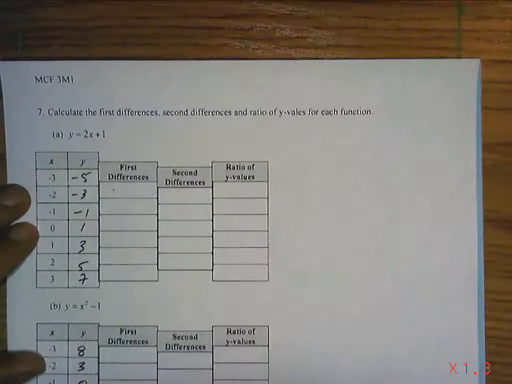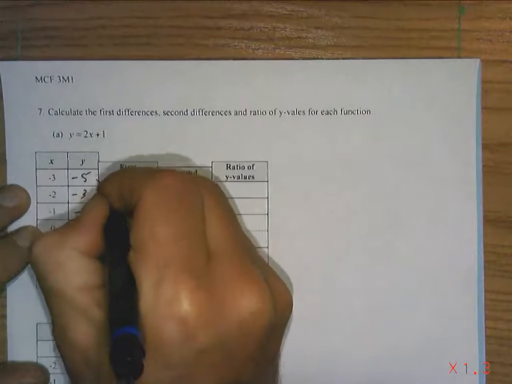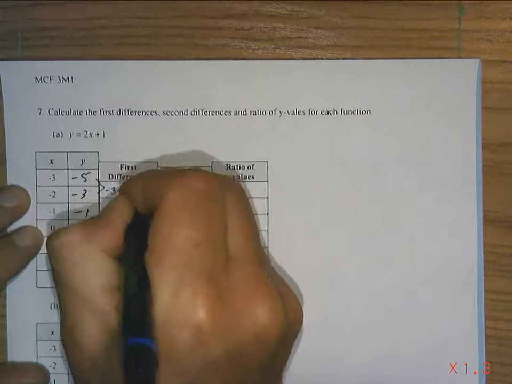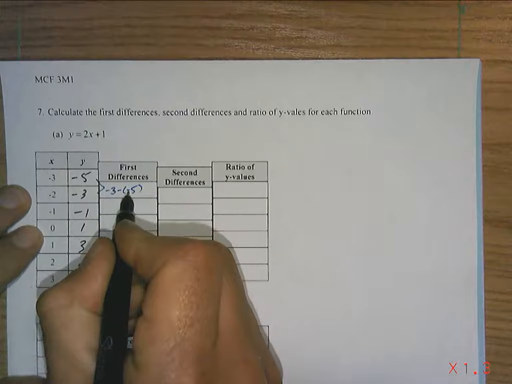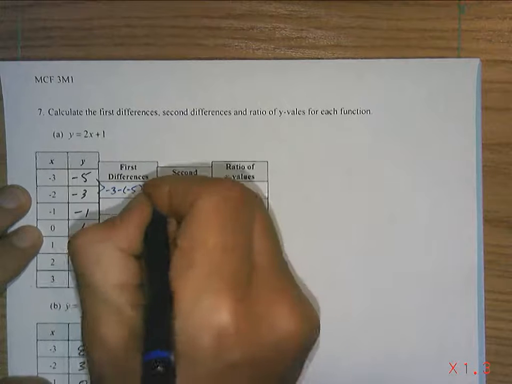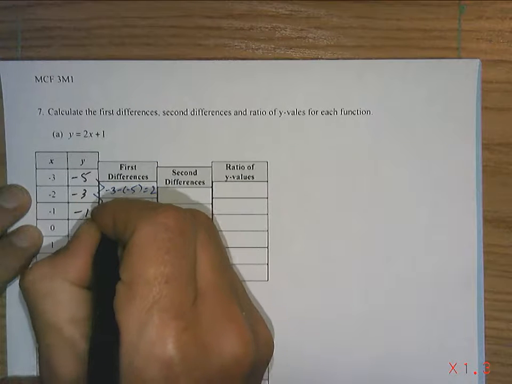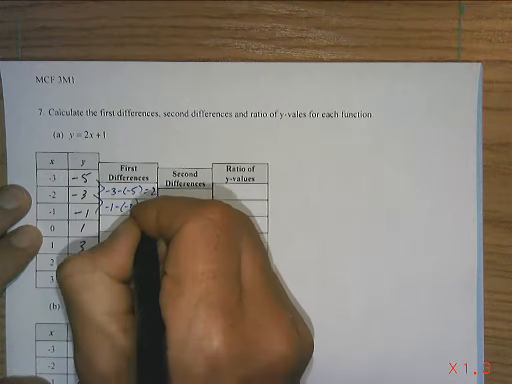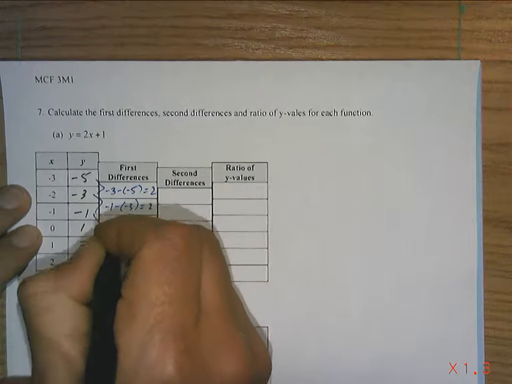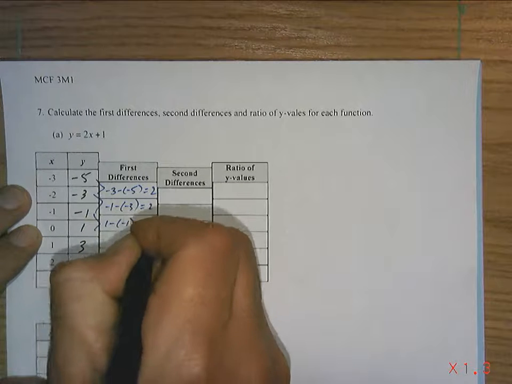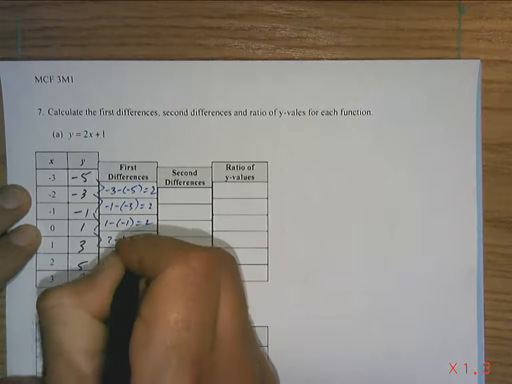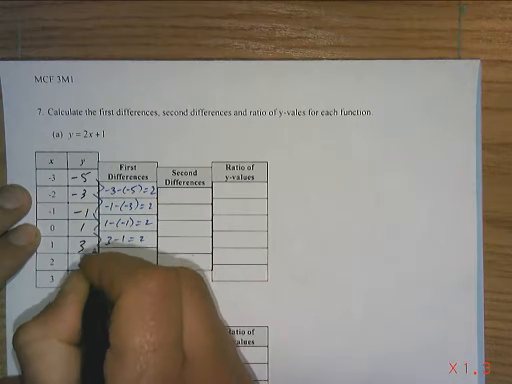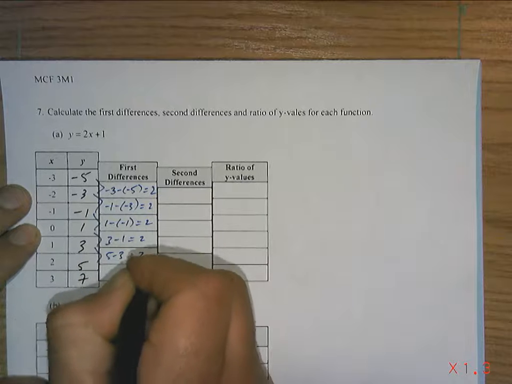The first difference here will be -3 subtract -5, which is negative is positive, so -3 plus 5 is 2. This one will be -1, -3. Negative is positive, -1 plus 3 is 2. 1 subtract -1, 2. 3 subtract 1, 2. 5 subtract 3, 2.